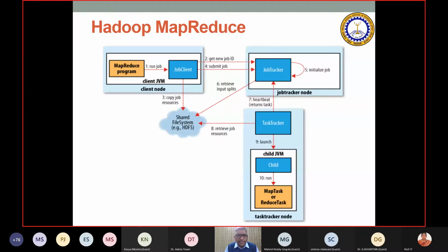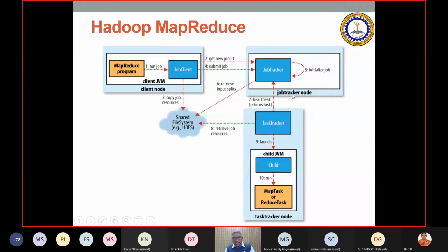If you look at the whole process, component-wise or logically, how it happens, the MapReduce program is fed in as JVM code on the client node. The job tracker node and the task tracker node are the actual Hadoop system components.